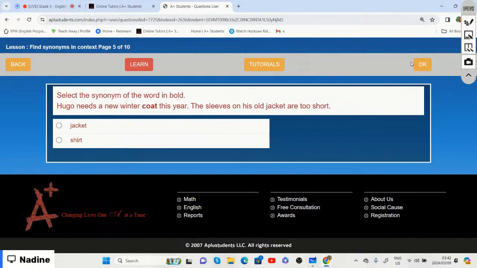All right. So another word for a coat, right? Yes, it is a jacket. So another word for a coat is a jacket. So well done.